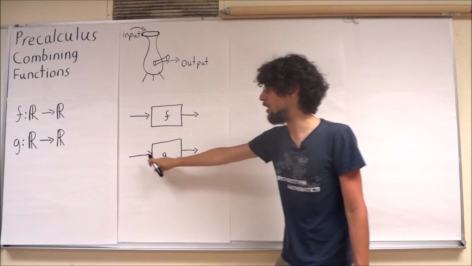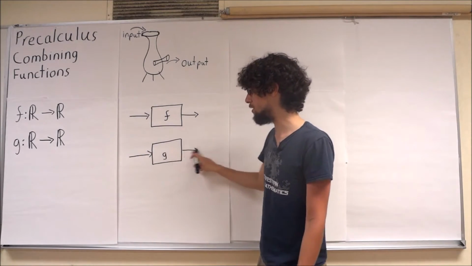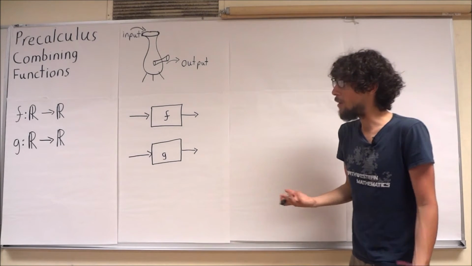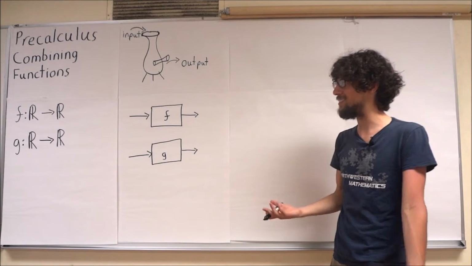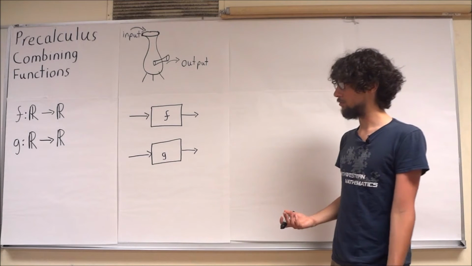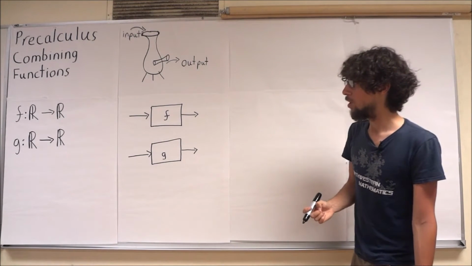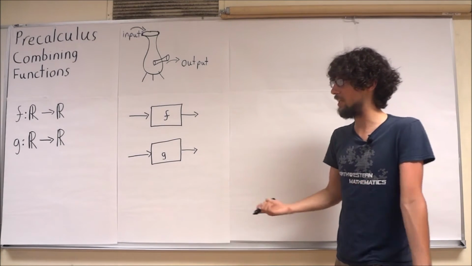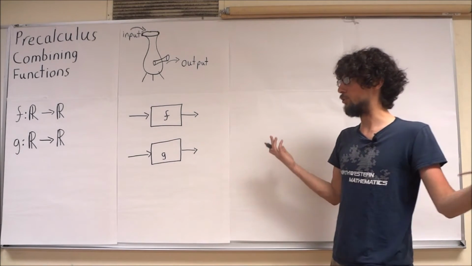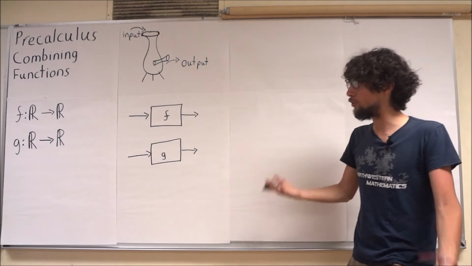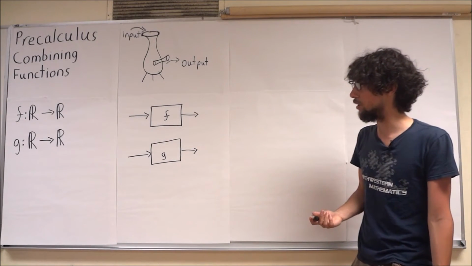And similarly g, we could feed some number to g, and some number would get spit out. So I want to define a function that's still from R to R using f and g. So if I take some particular input, say 2, how could I generate some output? I have a variety of natural things I could do here.